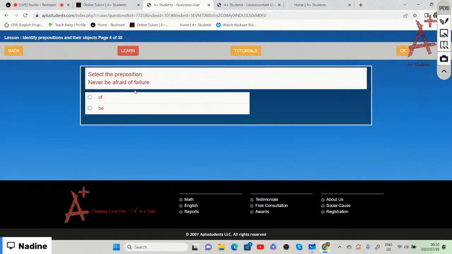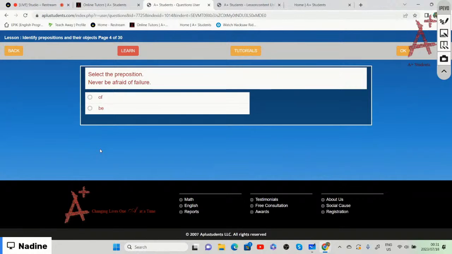Never be afraid of failure. We need to choose the correct preposition, which is either of or be, right? We need to select the correct preposition within the sentence. Is it of or be?